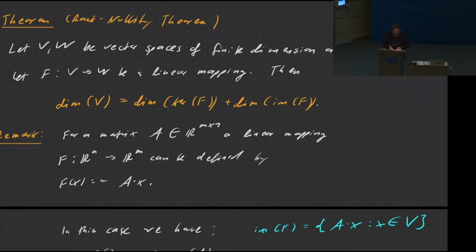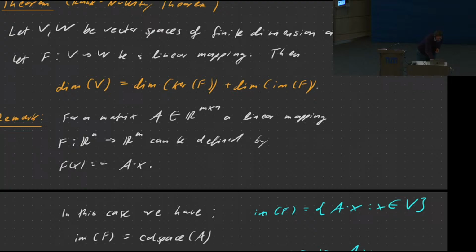Basically, what that refers to is the kernel. Another name for the kernel is null space. And the nullity is simply the dimension of the null space. And the rank is the dimension of the image or the column space for a matrix. So that's where this name nullity comes from, the null space.